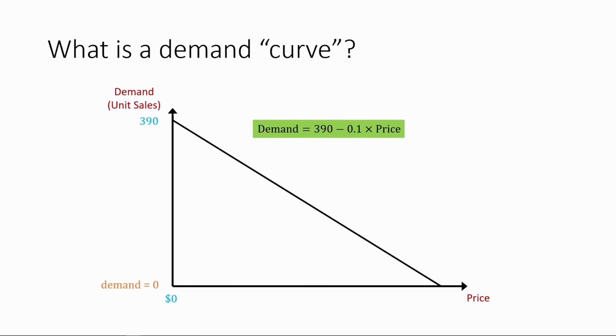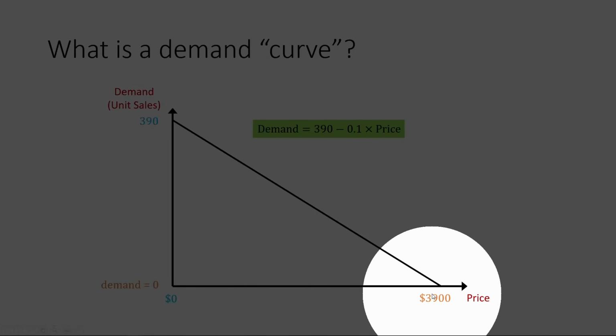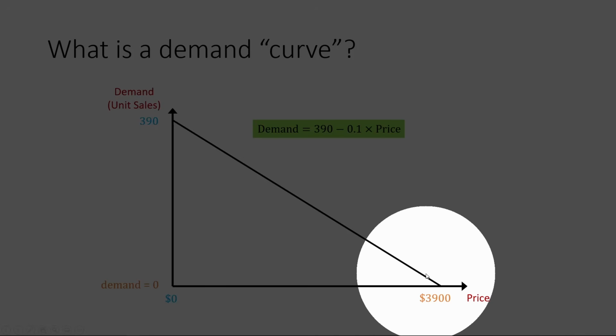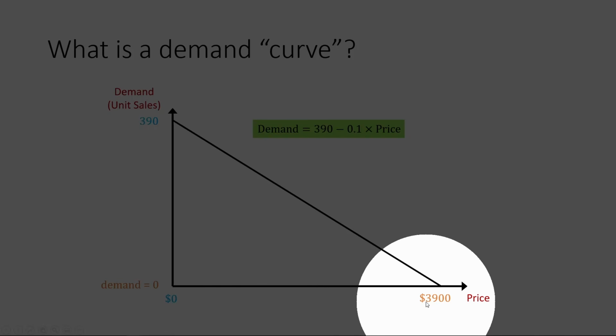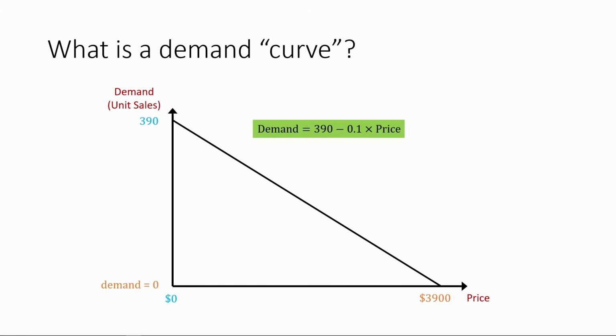So the point of 0 demand corresponds to the point where price is 3,900. You can imagine 3,900 as a price level where nobody is willing to pay a price higher than this in the market. So when you raise the price to that point, your demand drops to 0. So that's where the demand curve is at both ends, either 0 price or 0 demand.